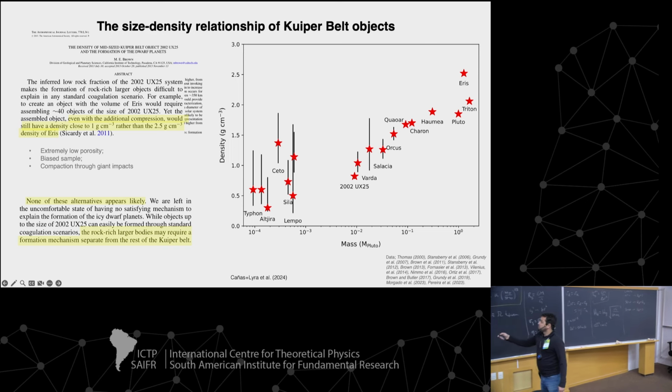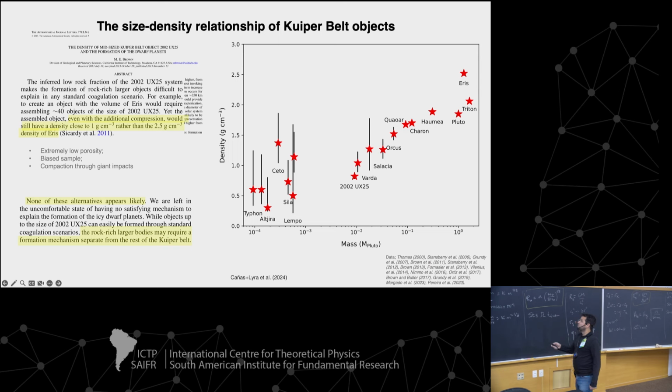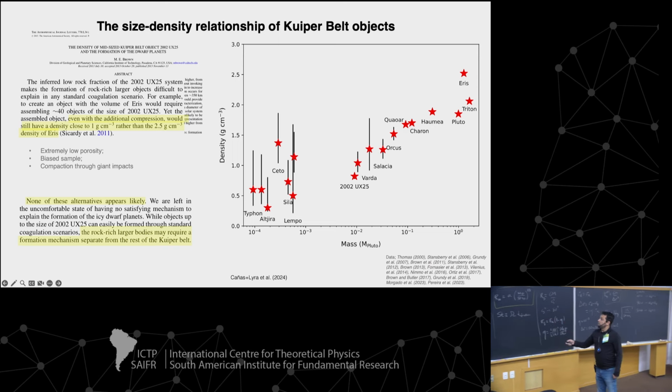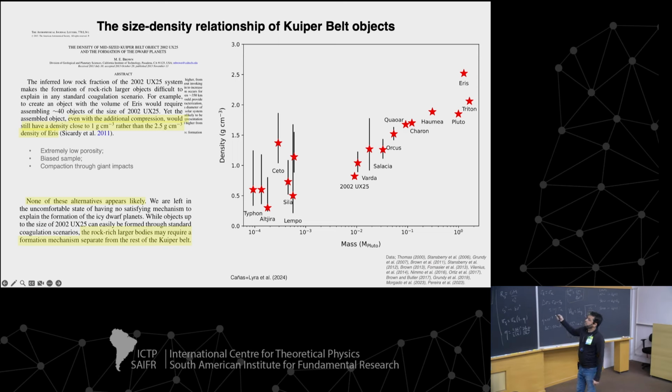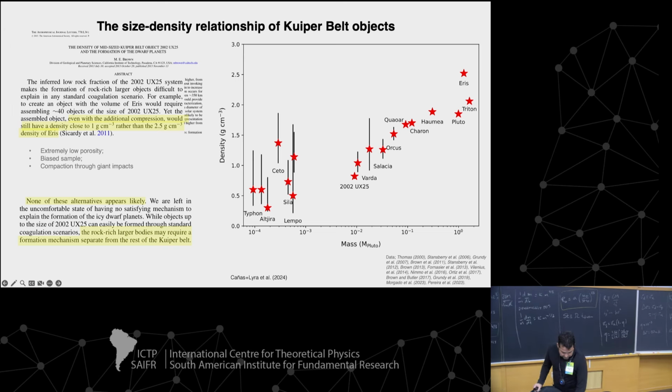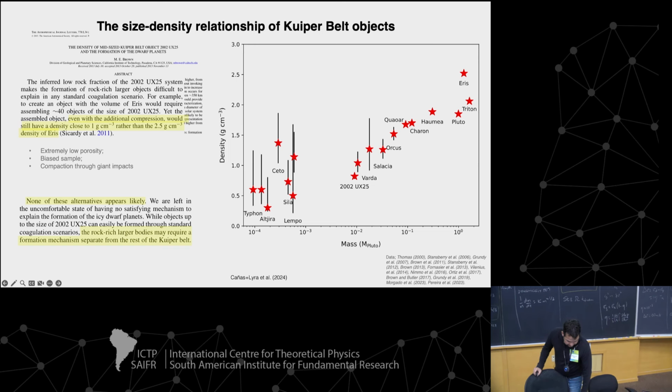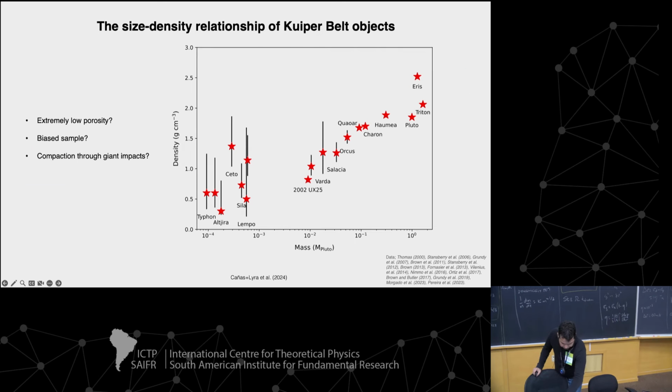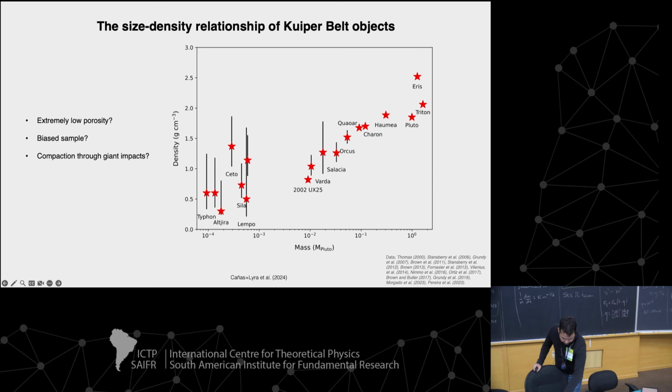He then goes through these 3 alternatives, and none of these appear likely. And then says in the end, the rock-rich larger body may require a different formation mechanism than the rest of the Kuiper belt. That is all unlikely. So how do we solve this problem here?